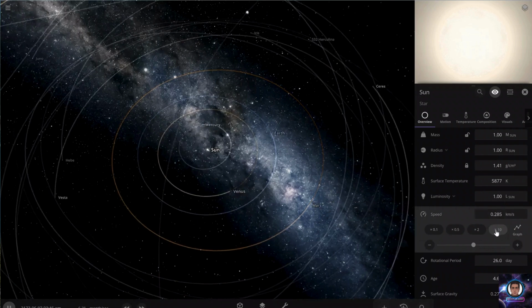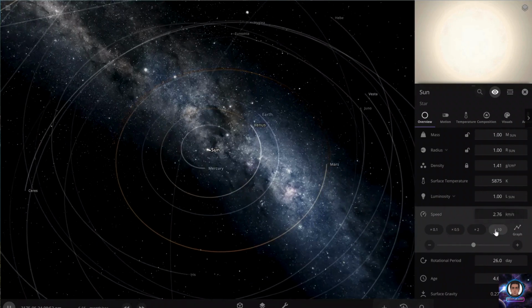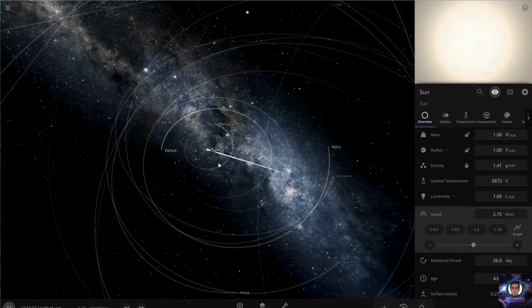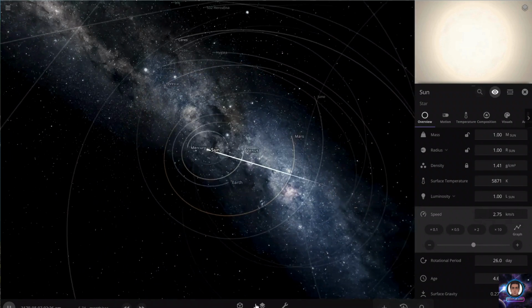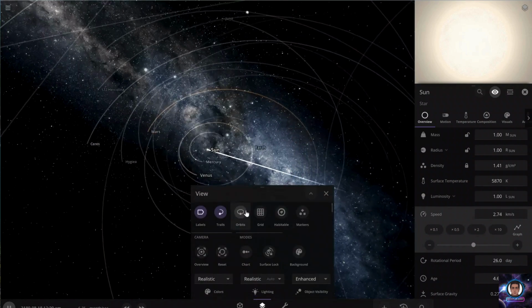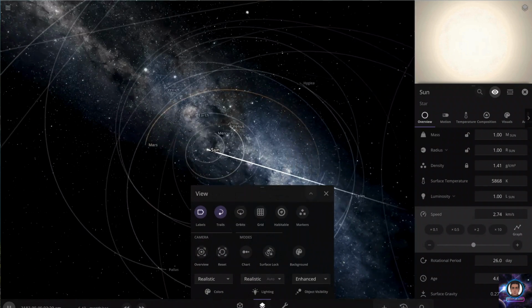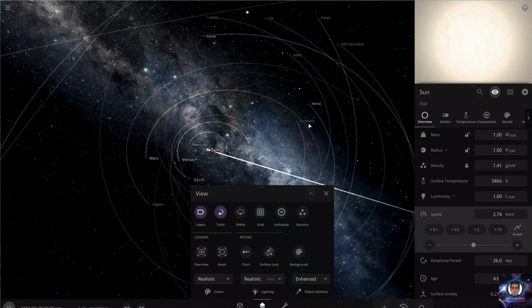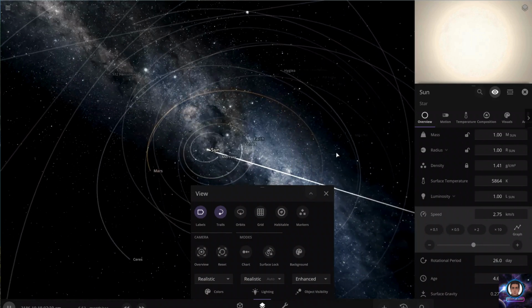If you just increase, for example, the speed of the sun, you can see the sun is going in its path much faster. You can see the whole path of the orbiting in this view. If you just click on the view, there is an option, trails, which helps you just to see the trails of the planets.